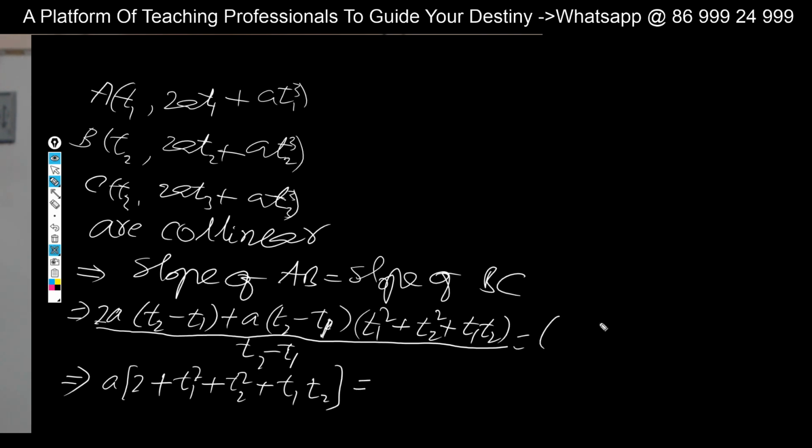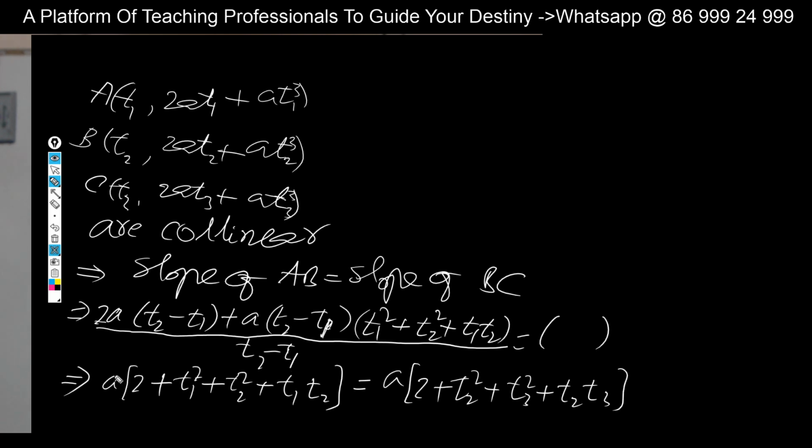We will write the slope of BC now, because these are the symmetric points. Instead of t1 you will get t2, instead of t2 you will get t3. That's the only difference. So a into 2 plus t2 square plus t3 square plus t2 t3.